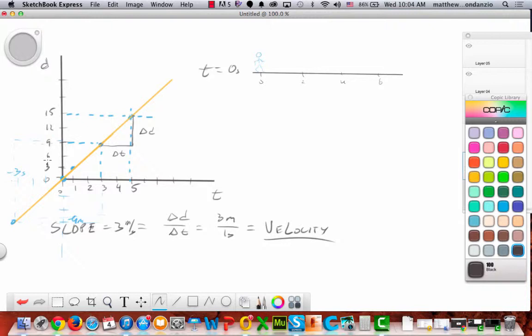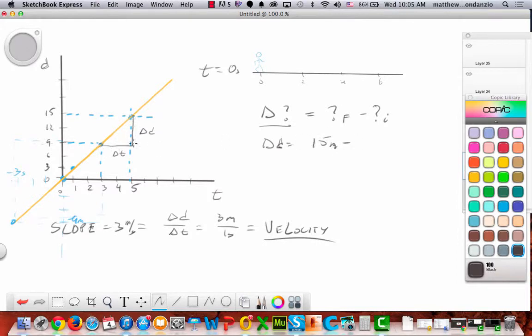So this is an important note, because as we go forward, I want to make sure we're clear about this. Delta anything is equal to the final minus the initial. So in this case, the delta distance is equal to, what's my final distance when I'm looking at this slope right here? 15 what?